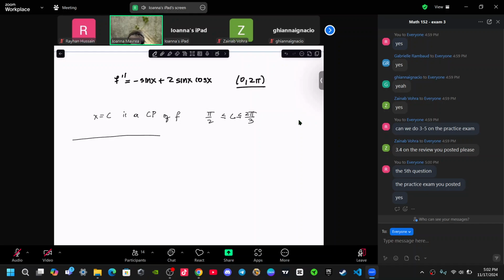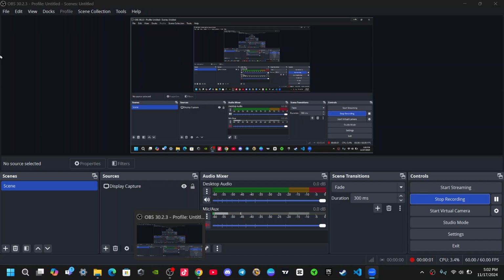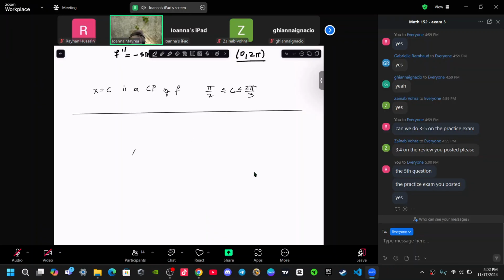There's a few things you can do. One, if you have a critical point, and let's say it's a local maximum, it's because it looks like this, or like this, or one of those, right?